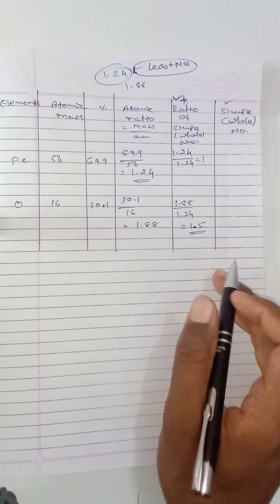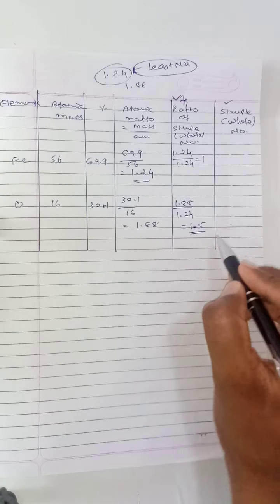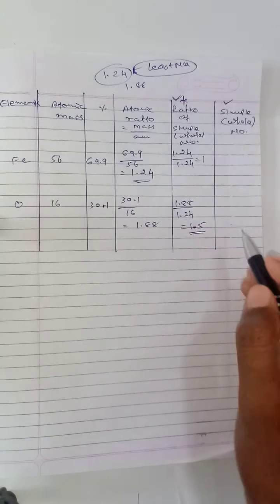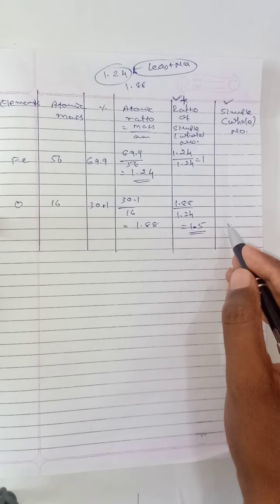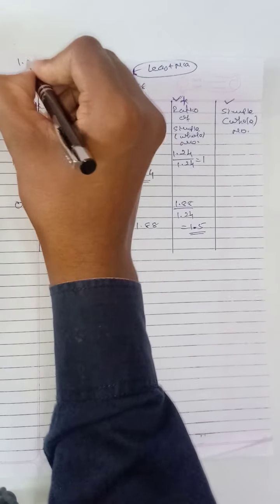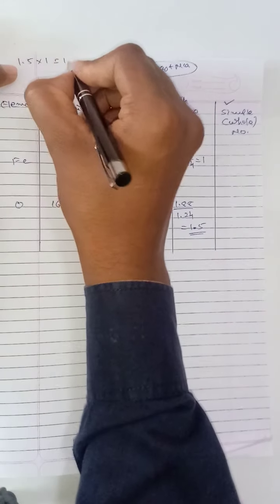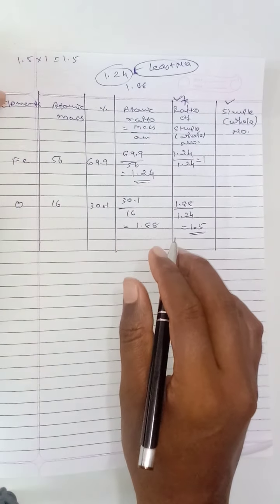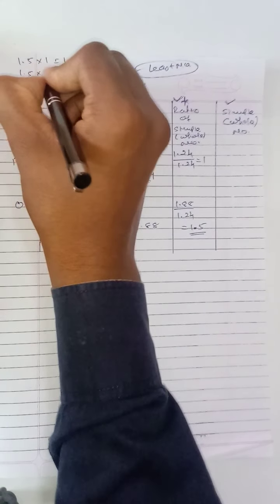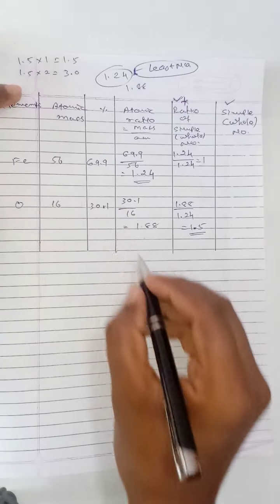So we need the particular multiple that gives you the simple number. Suppose 1.5 multiplied by 1 equal to 1.5. 1.5 multiplied by 2, that means 3.0.